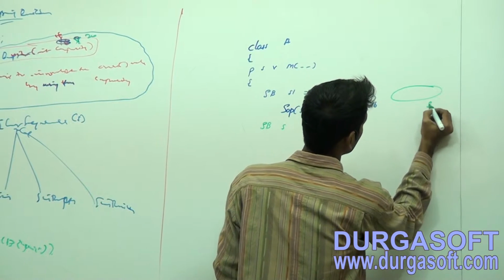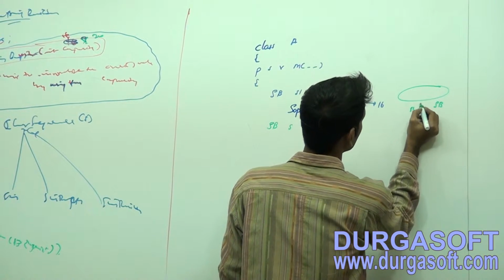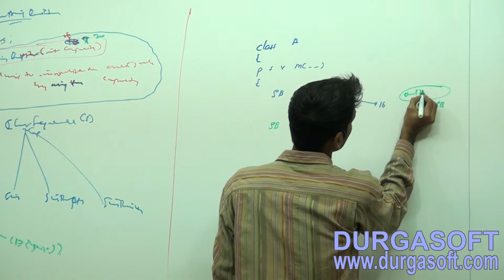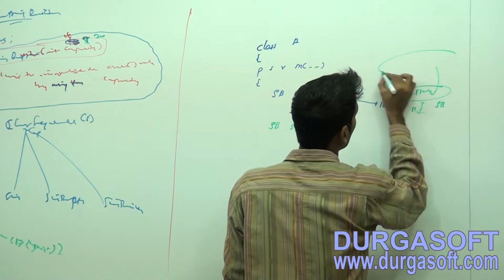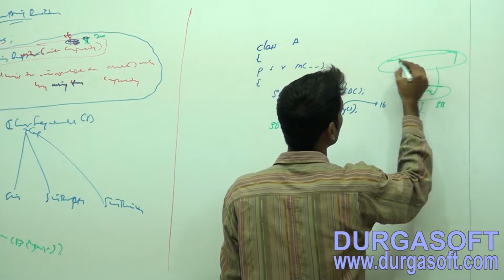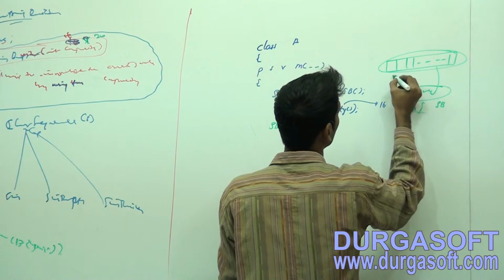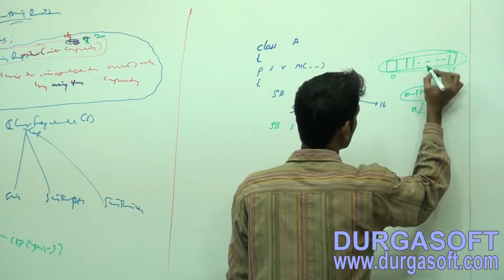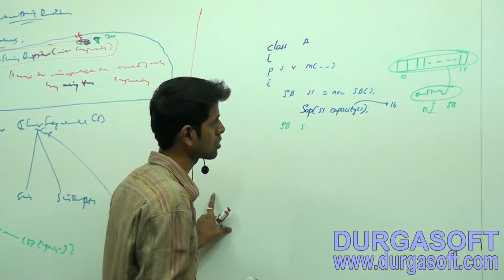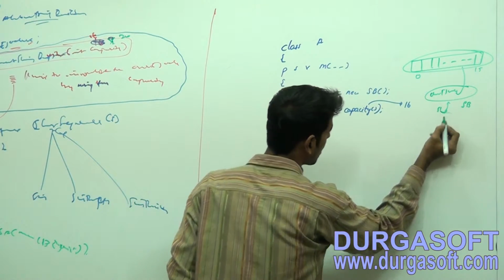What is the memory representation? StringBuffer object S1 has a char array value referring to one char array, having how many blocks? 0 to 15, 16 blocks.